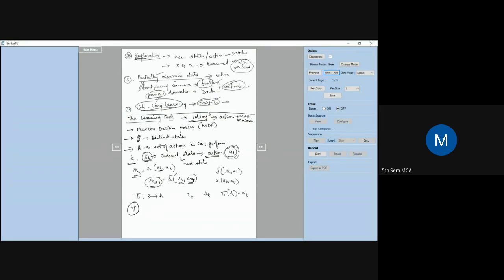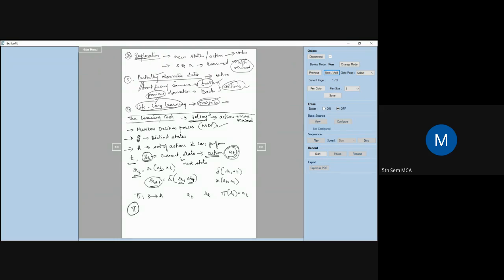Any doubts here so far? We are formulating this problem, where the agent has to learn, using the concept of the Markov decision process, or MDP. How do we perceive this entire situation in terms of MDP?